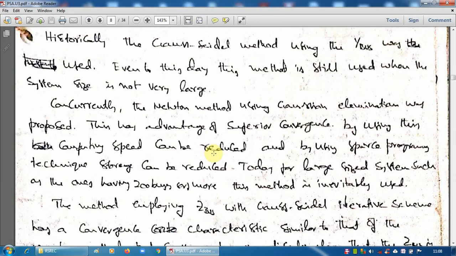Next, once the problem is formulated for the given power system, we will get equations. Those equations are not simple algebraic equations. They are nonlinear equations. If we formulate the problem for load flow, the resulting equations are nonlinear and differential equations.